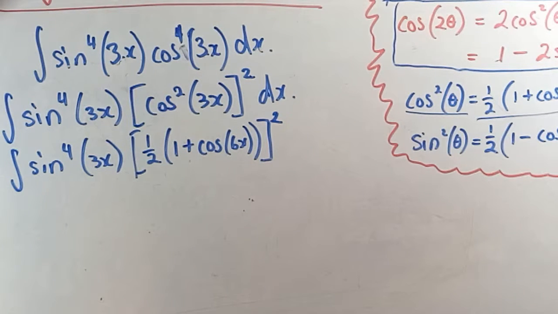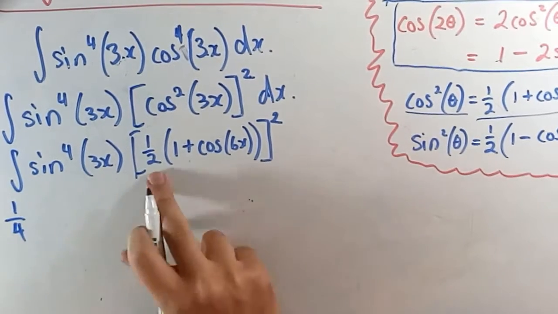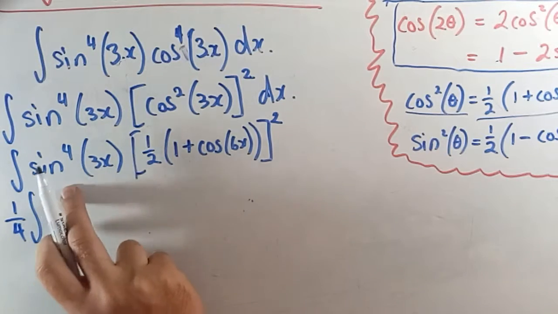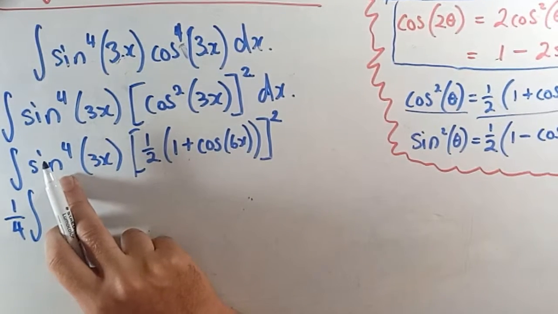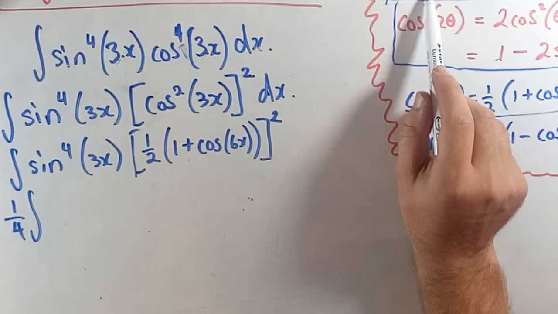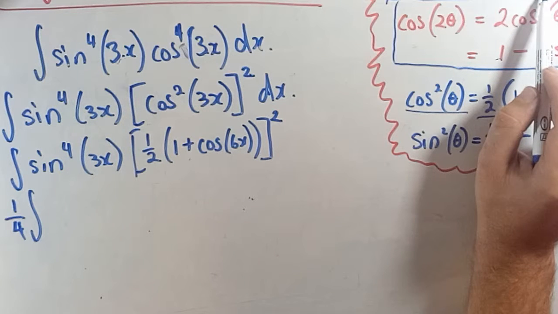Okay, so what am I going to do with that? I am going to then expand it out. So I'm going to bring the 1/4 all the way out. So I get 1/2 squared, 1/4 all the way out. Let's do this one. What do I get here? I should get sine 2 theta. We've got this one to the power of 4.